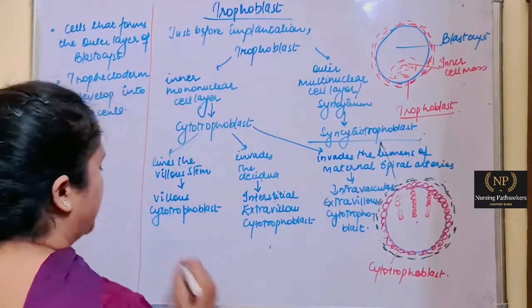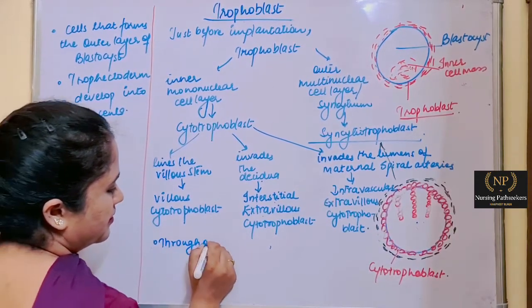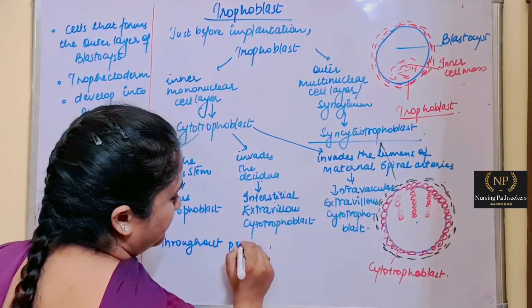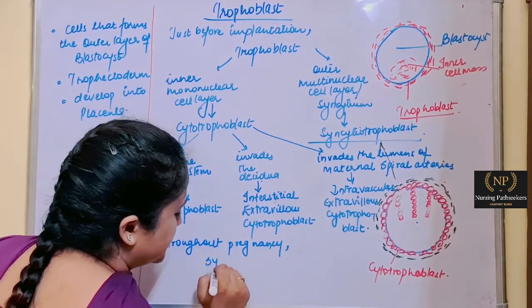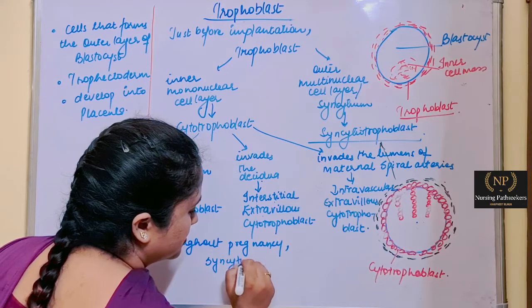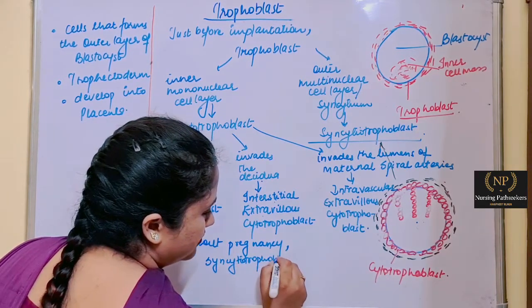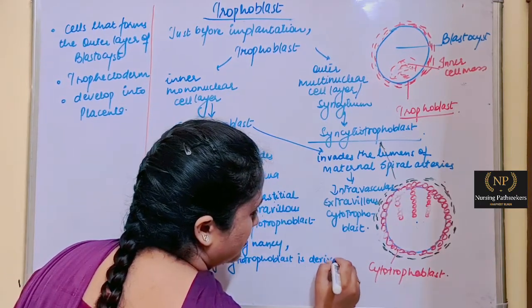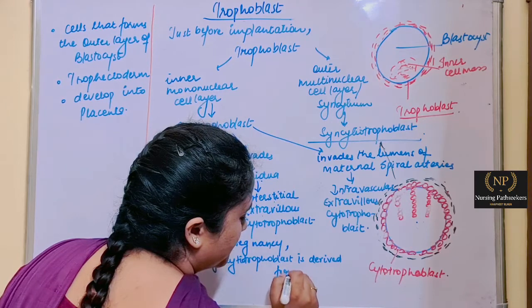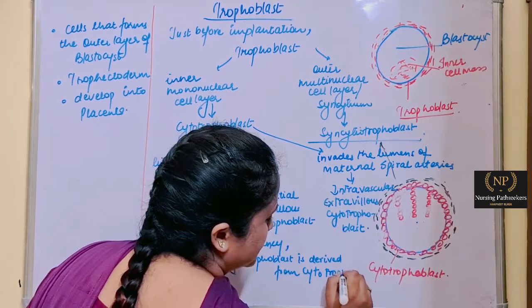Now the point to be remembered is, throughout pregnancy, syncytial trophoblast is derived from cytotrophoblast.